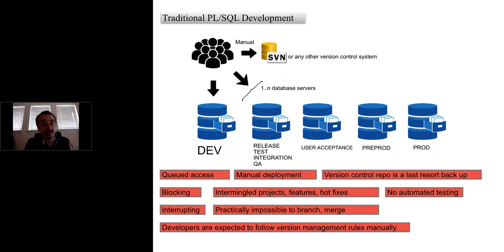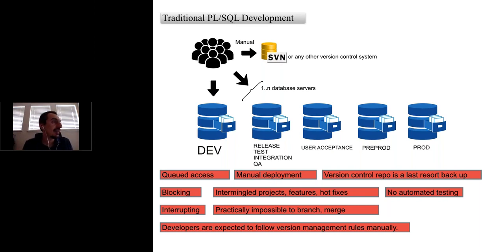If, God forbid, something goes wrong, most people will go back to yesterday's backup or last week's backup, hoping that it will come up. SVN is sort of there. It's like 80% correct. But if it's 80% correct, it might just as well not exist. It's horrible.